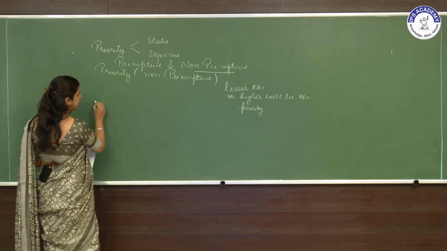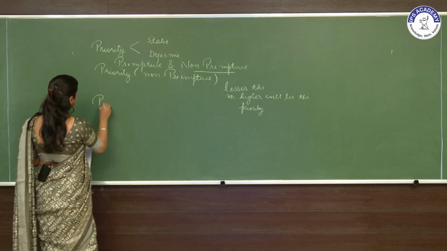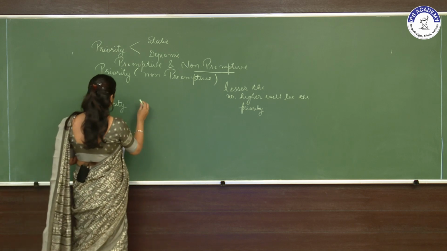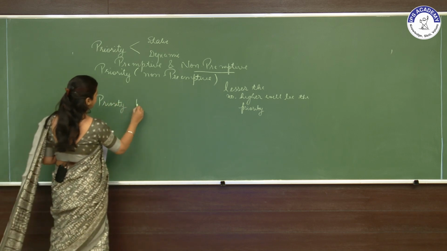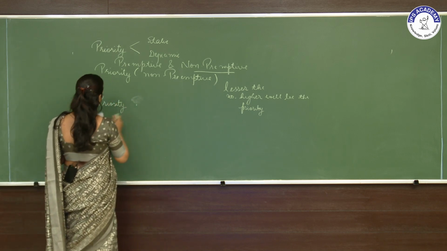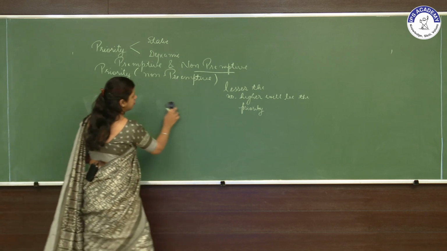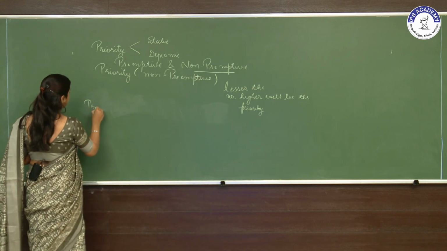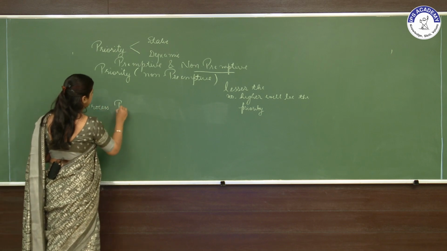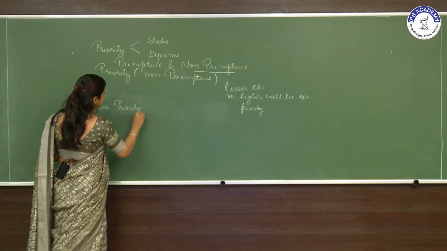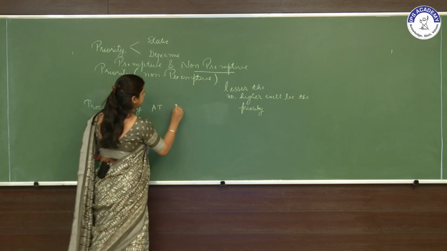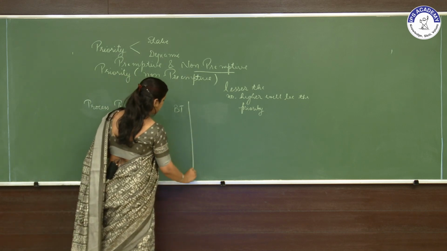Here we'll start from this. Process, priority, AT means arrival time, BT means burst time.